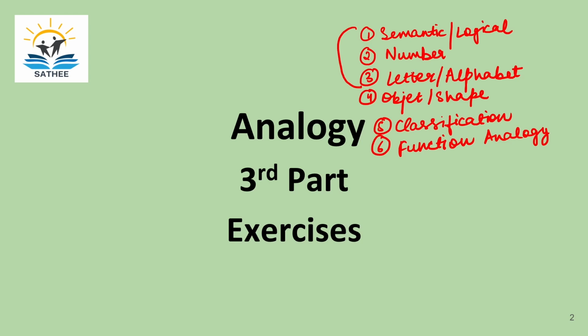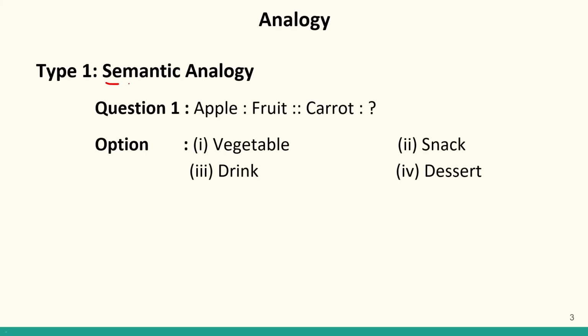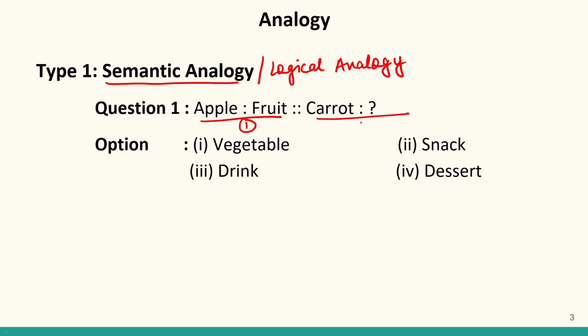So let us start. The first type is semantic analogy, also called logical analogy. In these types of questions, we have to identify the relationship or logic used in the first pair and then use the same logic in the second pair to find the answer. Here, this is the first pair, apple and fruit. We have to find the missing element.